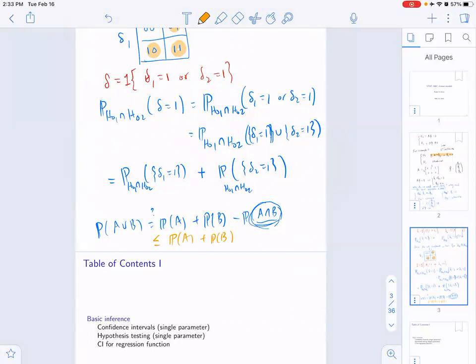It's not even a lower bound. So it's close, but the sum of the two would be an upper bound. Why would that be correct? So this is called the union bound. It's a very useful concept in probability. Why is this valid?